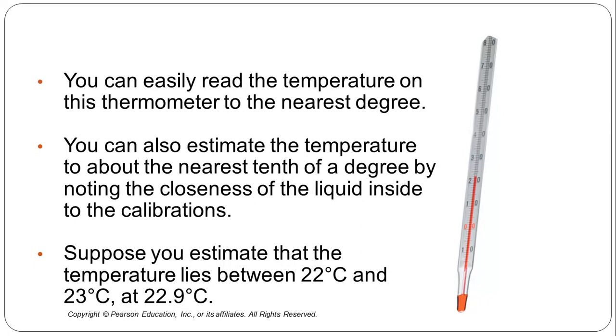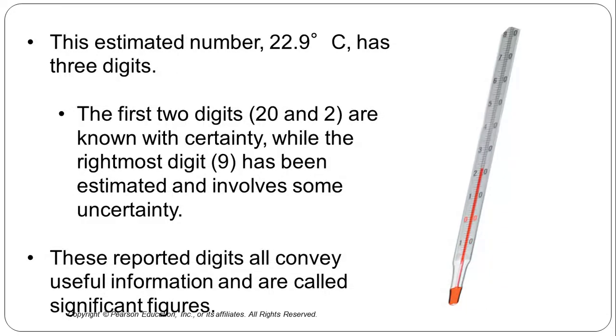It depends on how you estimate it, rounding off to the higher number, the next possible number, or the lower possible number. This estimated number, 22.9 degrees Celsius, has 3 digits. The first two digits, 2 and 2, are known with certainty.